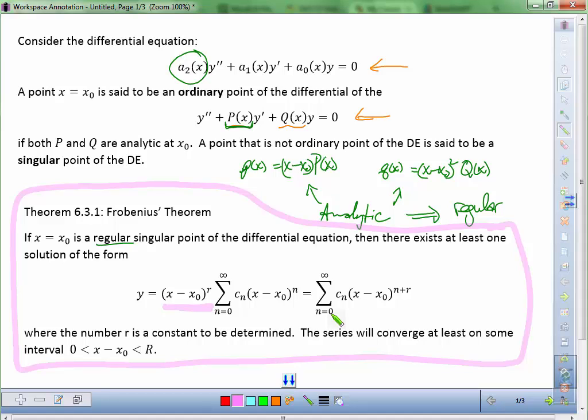The tricky part about this is finding R. Last time I wanted to do a problem, but we don't have enough time to develop this idea of finding R. So instead, we're just going to tell you how to find the R. There is a formula or a special equation that helps us find the R. It's kind of like when we did second order with constant coefficients and we had what's called the auxiliary equation.